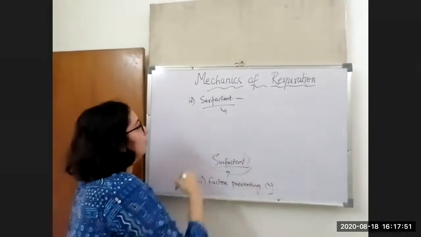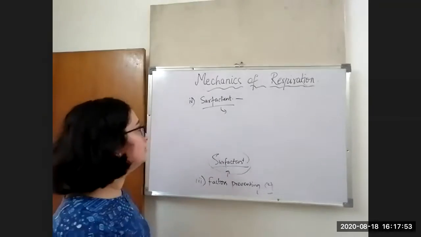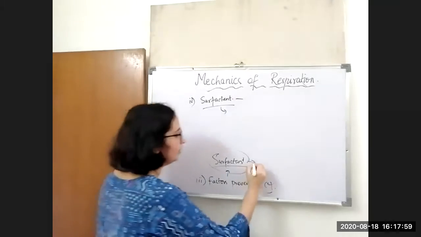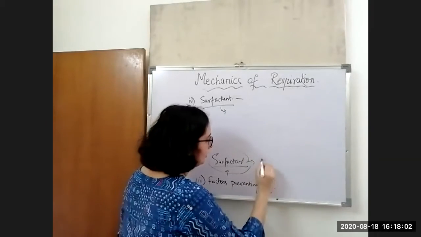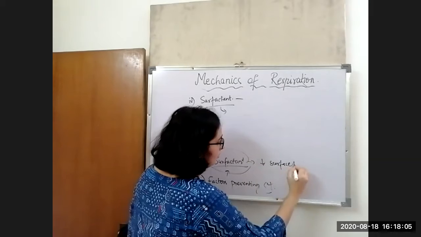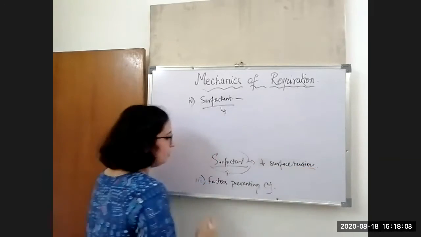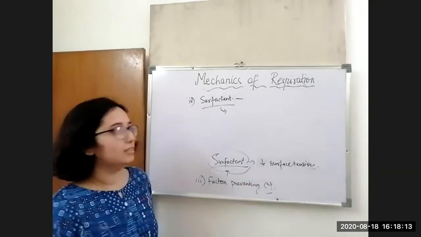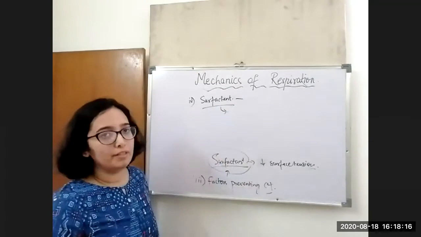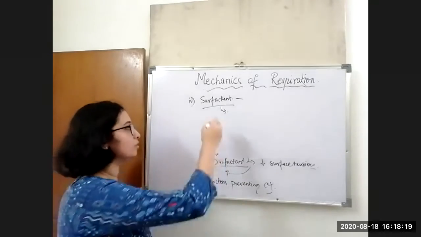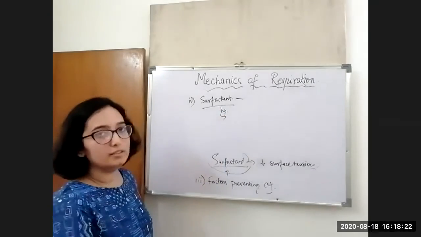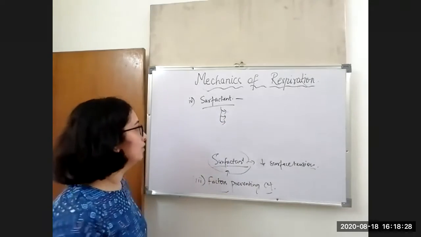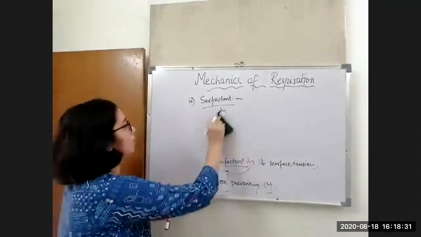Surfactant's function is to decrease the surface tension. So if anybody asks how it prevents the collapsing tendency, it's by decreasing the surface tension. It is a fluid which prevents the collapsing tendency of the lungs. Now we will see from where it is formed.